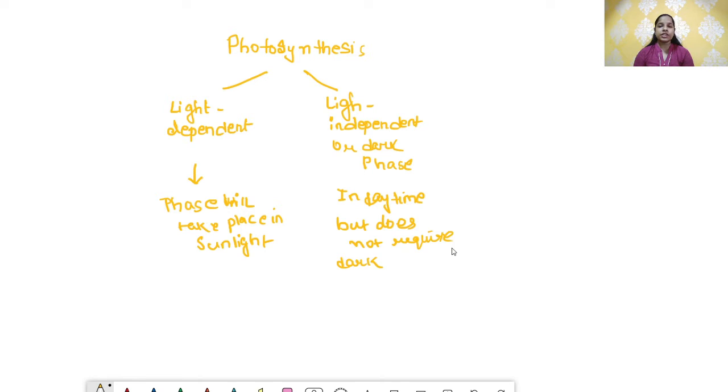It's very important to understand that the dark phase does not indicate that it will take place in the evening or somewhere in the dark. The dark phase takes place in the daytime, but it does not require light for its activity. Now let us see the basic difference.